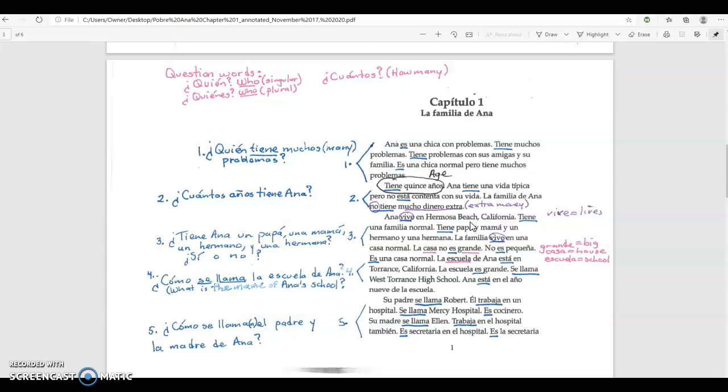Now, other things that will help you will be a glossary, which I am going to provide you. A glossary comes at the end of books, and it gives you the meaning of certain words.